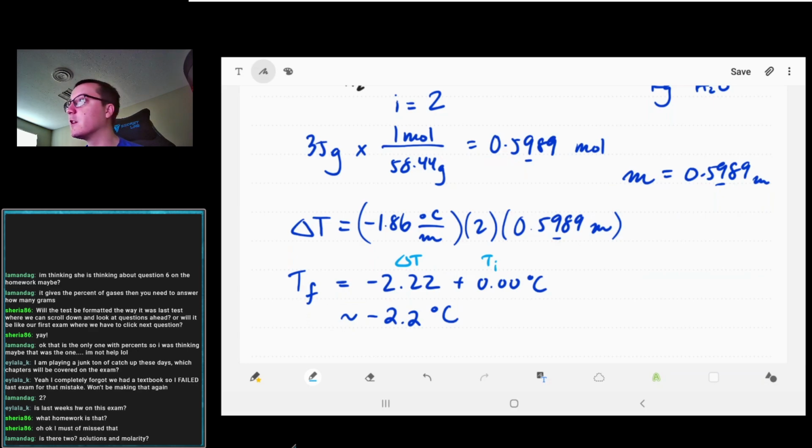So the solutions one is the one that I just showed where you're clicking buttons and recording your observations. That one is pretty quick. It should be half an hour or less. And then the molarity one, I'm only asking you to do 4 of the problems. So on that molarity one, you're just doing the first 4 problems on the first page. That's just because the solutions homework doesn't really cover concentration too much, so I wanted to give you some more practice with concentration.